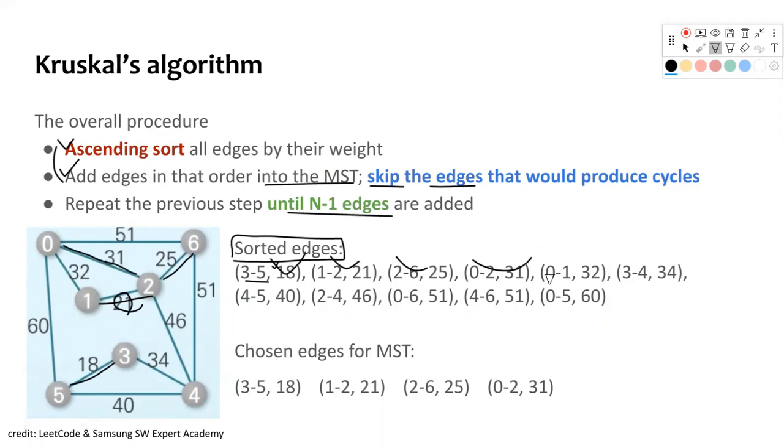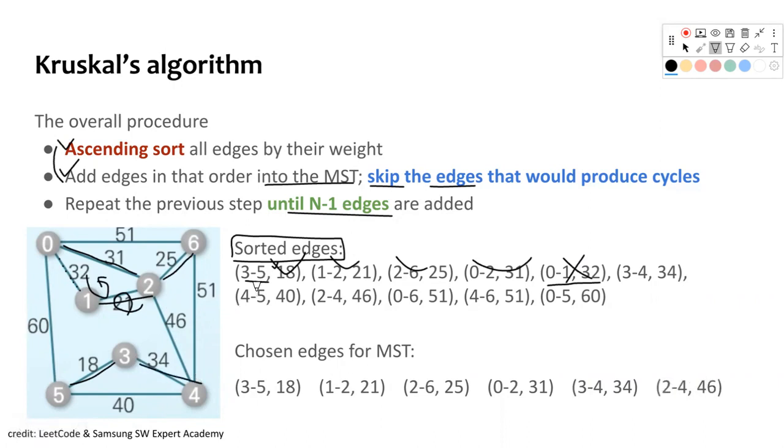And the next item we need to think about is 0, 1, which has the weight of 32. However, if you choose this one, then this will create a cycle here. So we are just skipping this part and moving on to the next one. Okay, so we are connecting these two nodes.